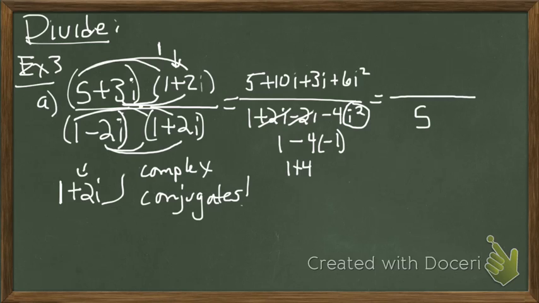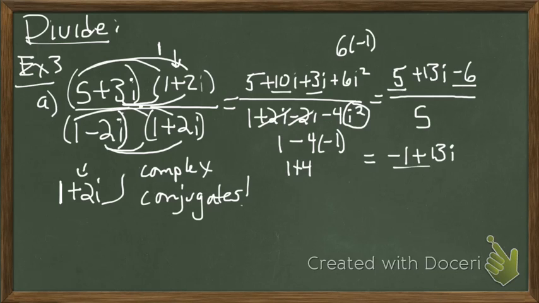This is nice. In the numerator, if I add like terms, those imaginary terms together, 10i plus 3i make, what, 13i. And then remember, 6i squared is really the same as 6 times negative 1. So I get minus 6. If I add the like terms of the 5 and the negative 6, I get negative 1 plus 13i over 5. Now, we're not done until we write this in standard form.